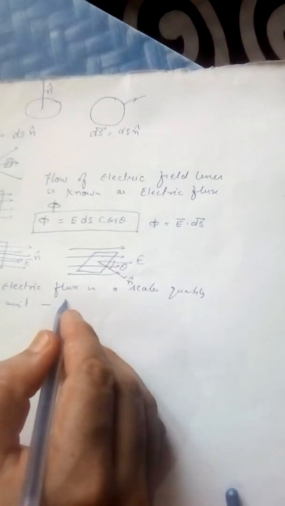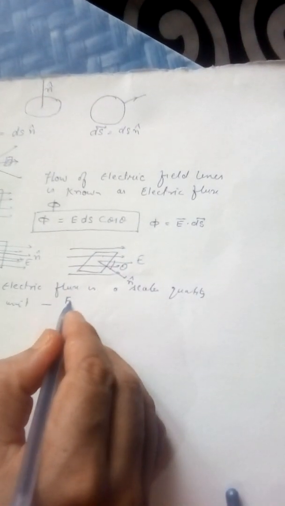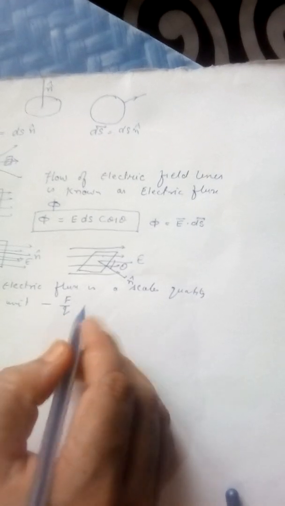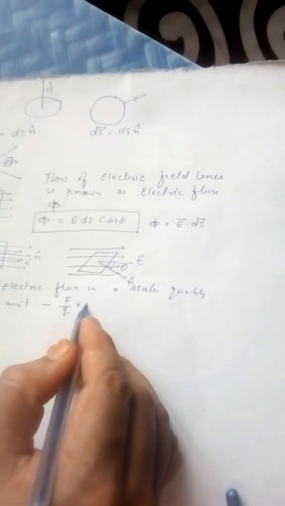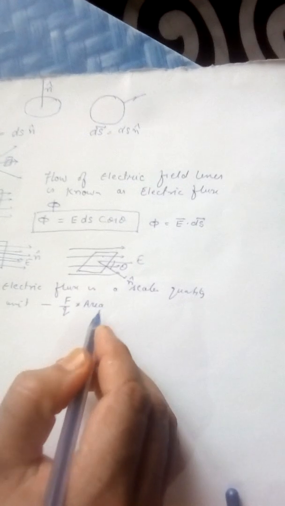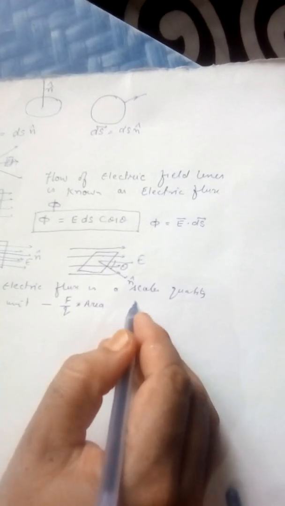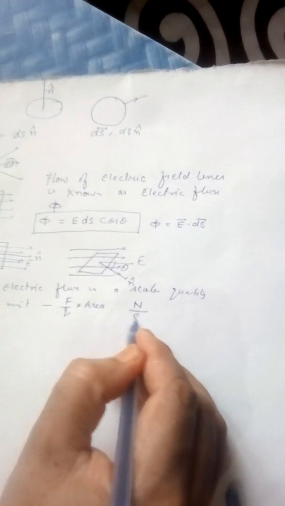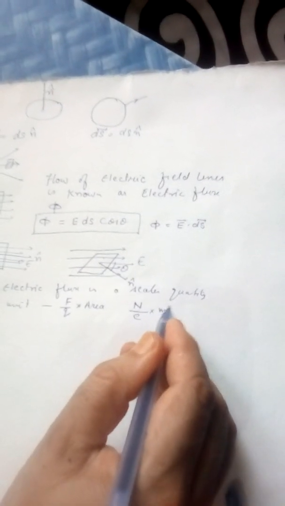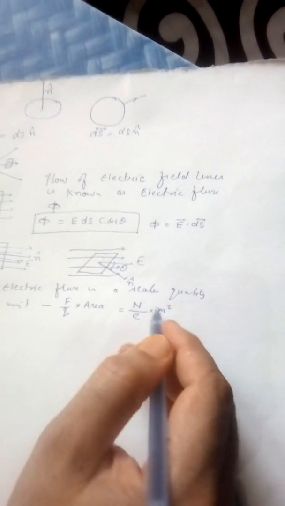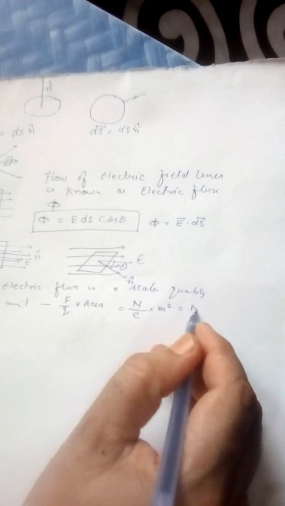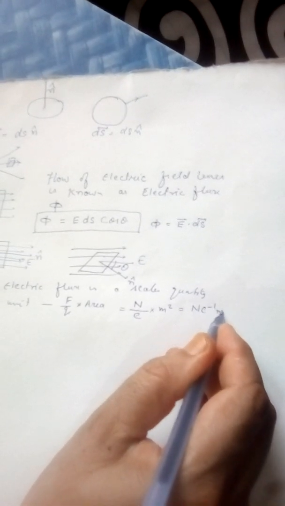Electric field is force by charge, and ds is area. So force is Newton, charge is Coulomb, and area is meter square. So this electric flux has unit Newton per Coulomb meter square.